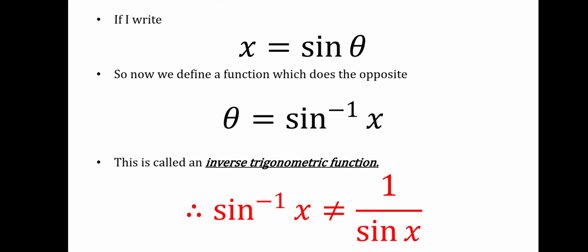Because this sine inverse notation, let me just mark this, this is an operator in the sense it is just a notation. So for no reason should you consider that sine inverse actually means 1 by sine. Fine. So sine inverse is actually the opposite or inverse of the function sine.